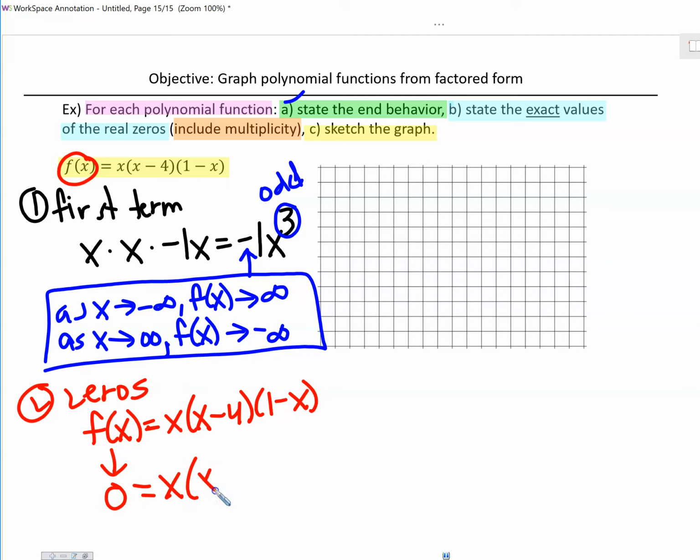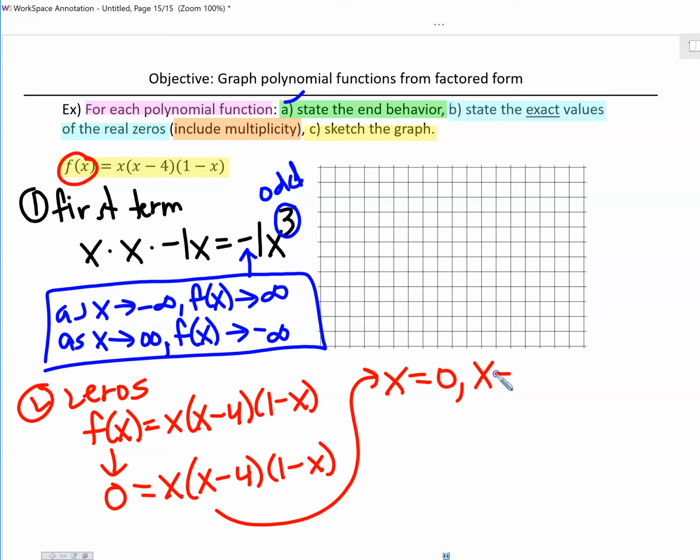And remember that any time we create a structure like this, which we call a product of factors equals 0, the next step is to use the zero product property. So if this product of factors equals 0, then either the factor of x has to be 0, or the factor of x minus 4 has to be 0, or the factor of 1 minus x has to be 0.